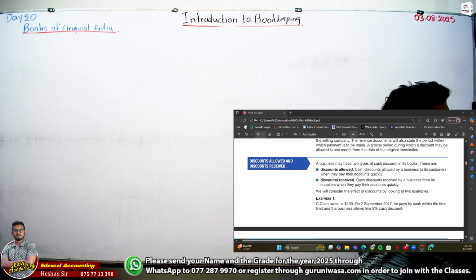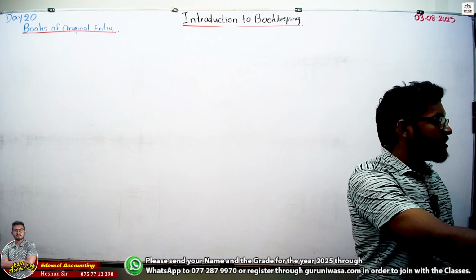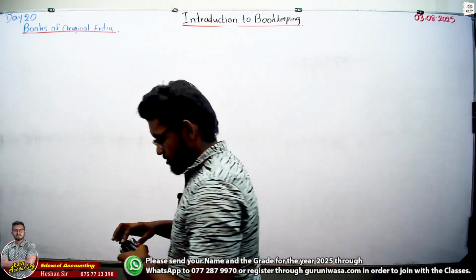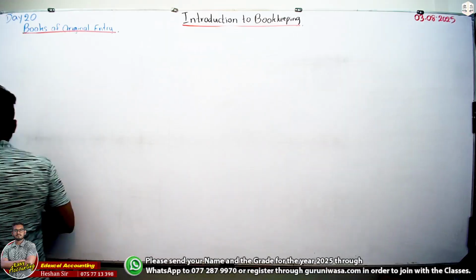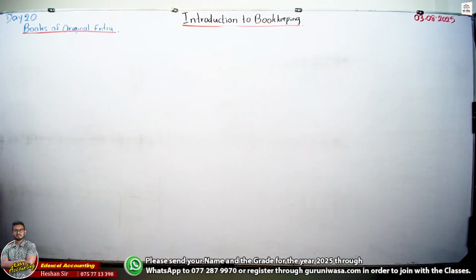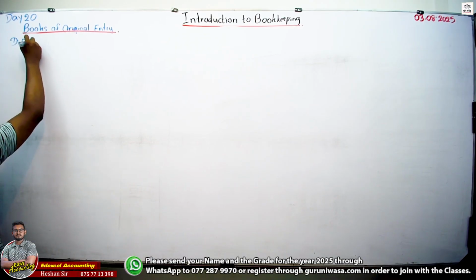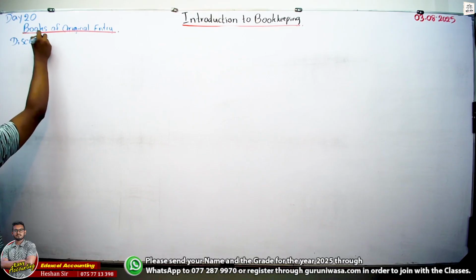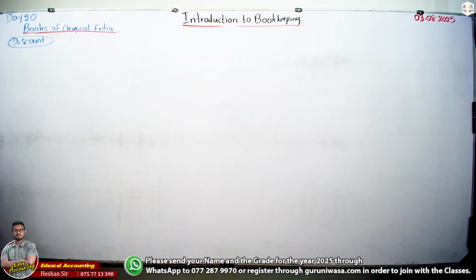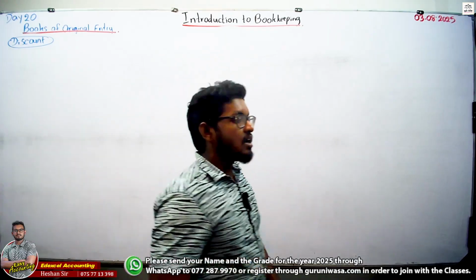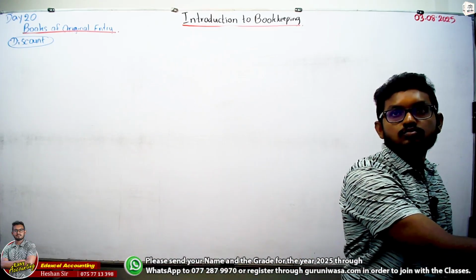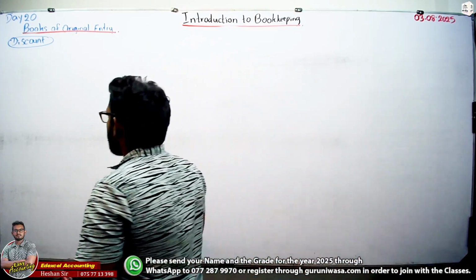Now it's like this. Write the heading, discounts. Can you hear me, guys? Send me a thumbs up, right? Write the heading, discount. Discount means normally a reduction in the value, right?